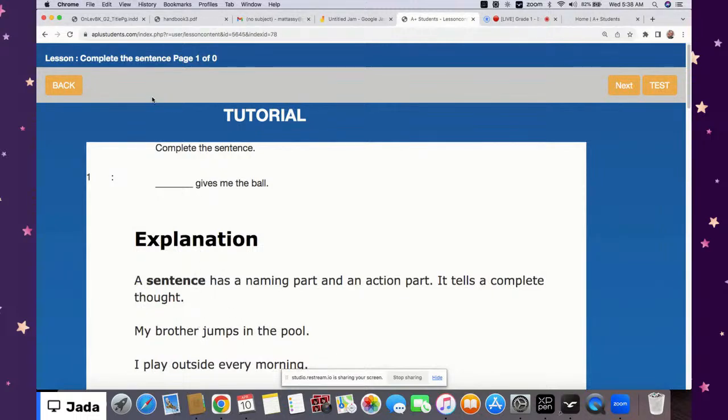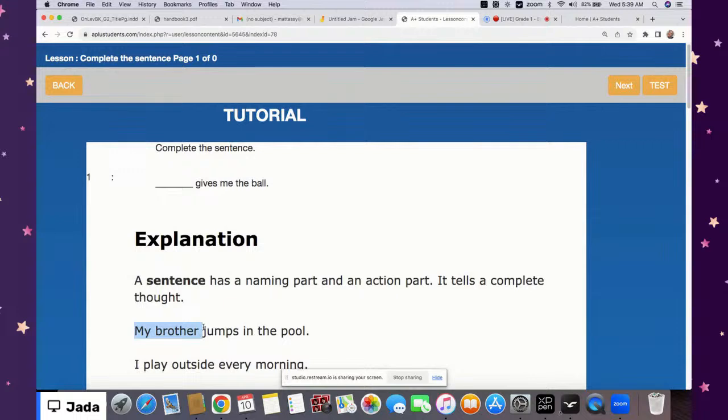All right, so the next lesson now says complete the sentence, okay? Now, dash gives me the ball. Yeah, I think I am, Emmanuel. Gives me the ball, right? So this is just like when we did the first part, we have the naming part and we have the action part.